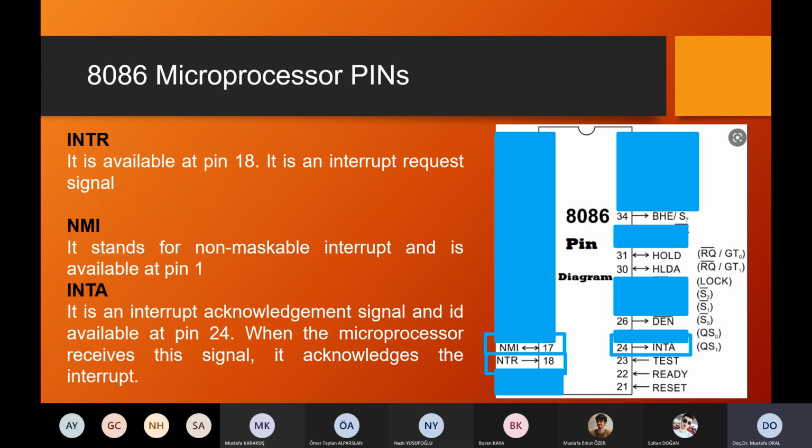For example, imagine that we have a printer and the microprocessor is controlling the printing operation, and the printer device has a microprocessor inside. The printer is communicating with the PC, getting the information that it has to print out, but somehow a paper jam occurs, because it is mechanical.